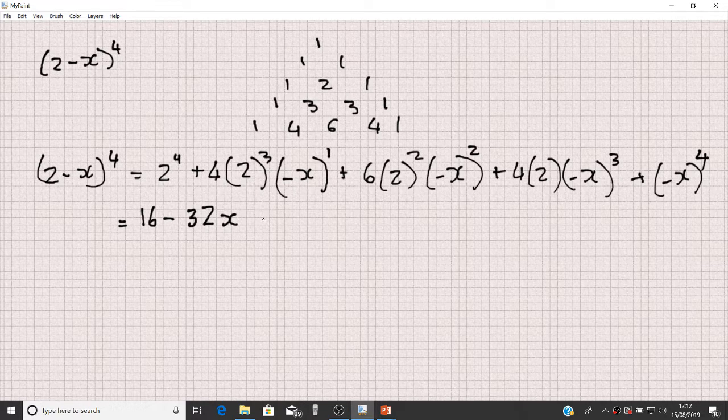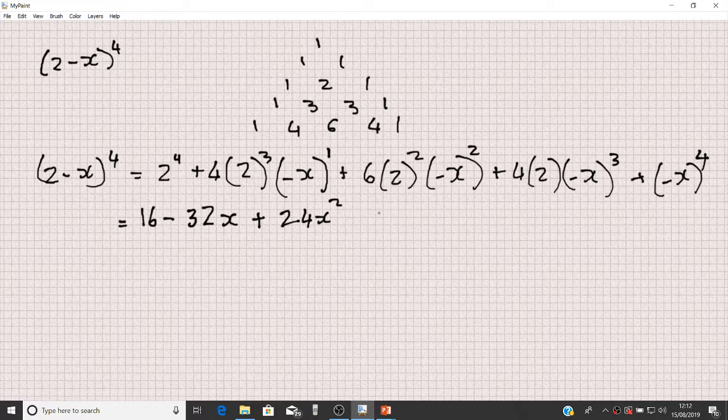So the next term will be a positive because it's negative x squared. 2 squared is 4. 4 sixes are 24, so 24x squared.